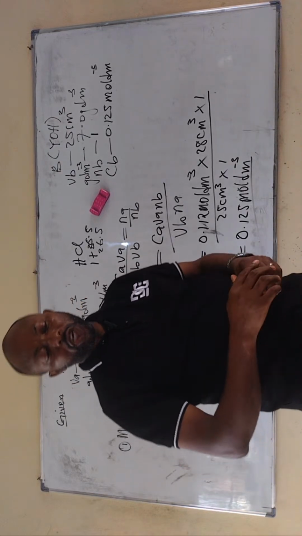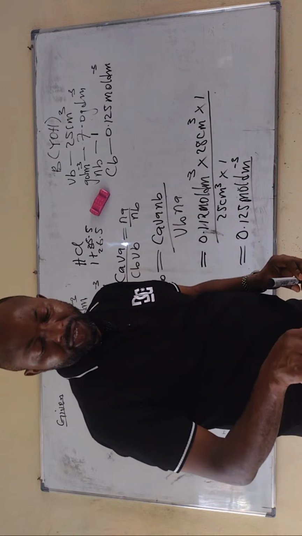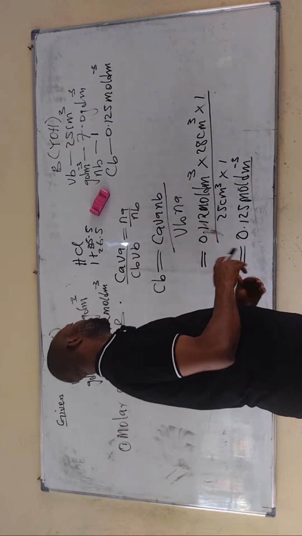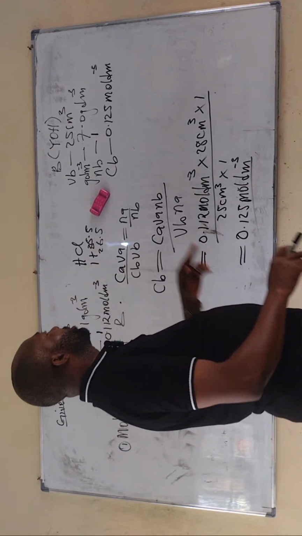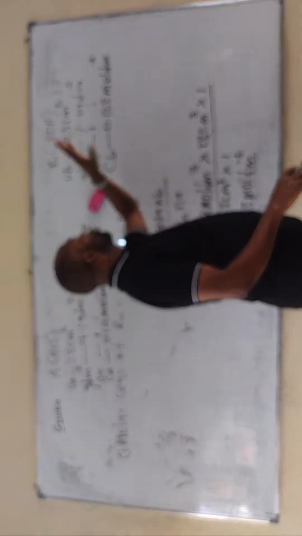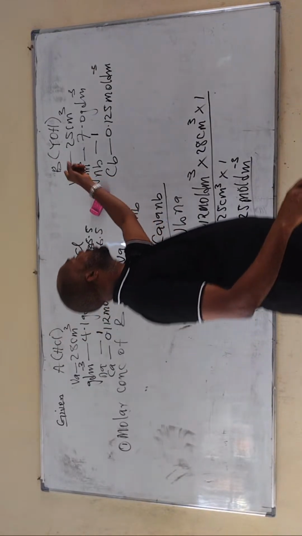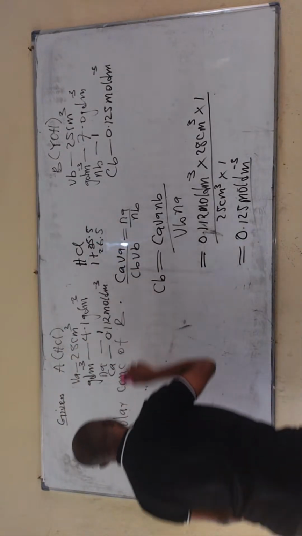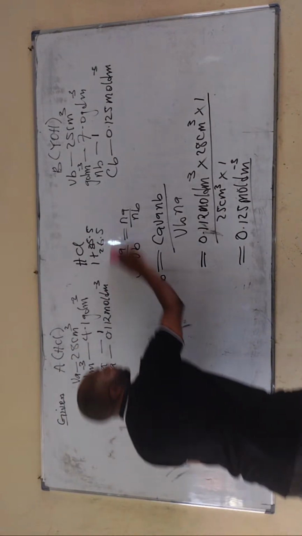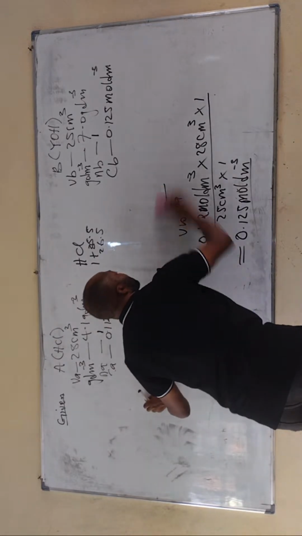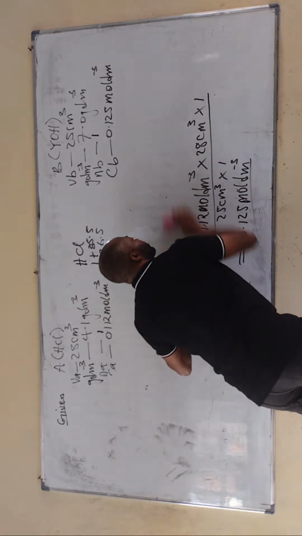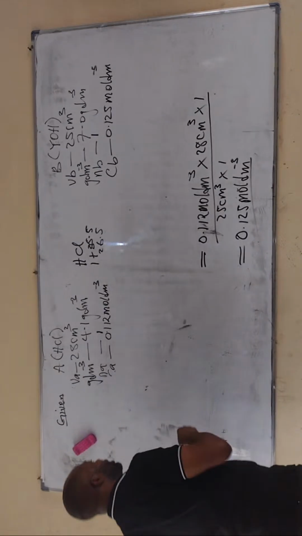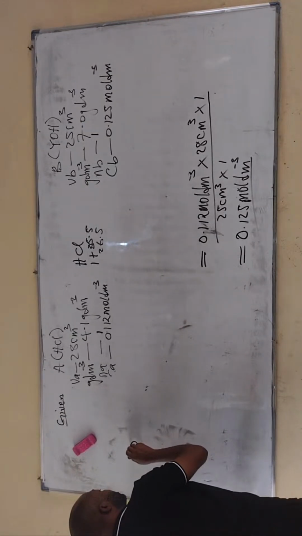All right, the next question asks for the relative atomic mass of the element. For us to get the relative atomic mass of the element, we must first know the relative molecular mass of the compound. By virtue of that, I will proceed. I can clean the board right now. Now, the next question here, let's call it 3.